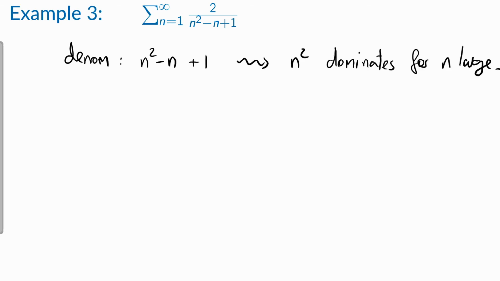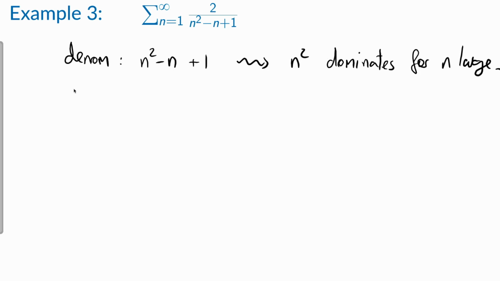Now there are two things we can do at this point, the first one of which we will see in the next video. But for now, the second thing we can do is to compare this to something. As I said, we have n squared as the dominant behavior of the denominator for n large.